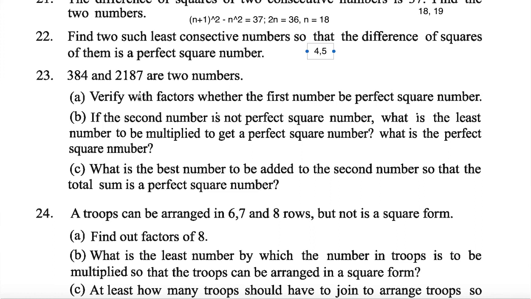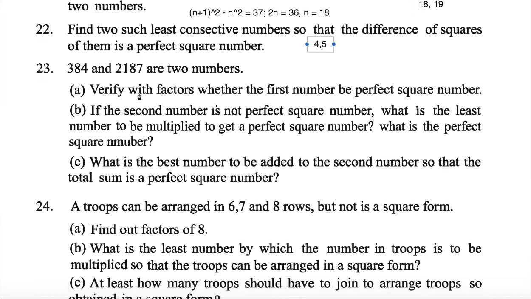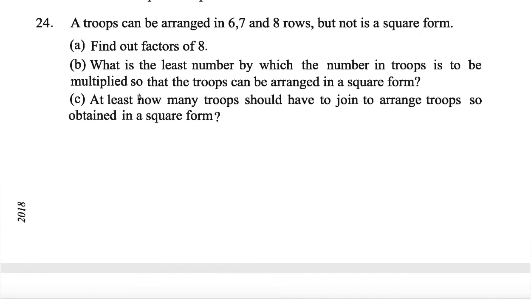No, that is also not a perfect square. If the number is not a perfect square, what is the least number to be multiplied to get a perfect square number? That also you can do after prime factorization. What is the least number to be added to the second number so that the total sum is a perfect square number? You can add some number to make it a perfect square. That also you can do with the long division method and find that number.